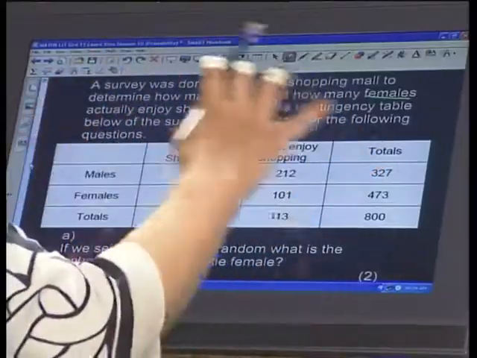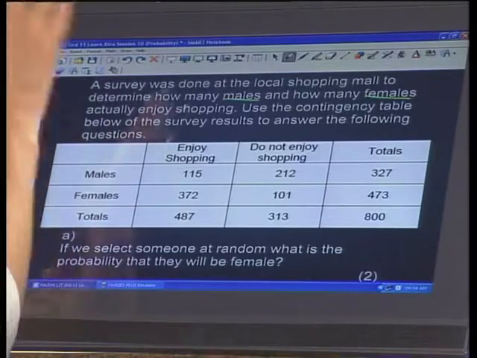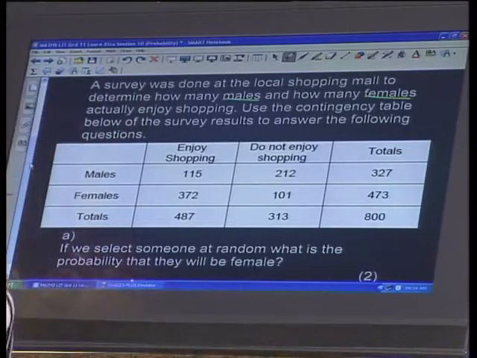Before we move on to the questions, I'm going to analyze this contingency table. It looks very different to the one that I showed you earlier with the two sets of dice. We're looking at a few different things.